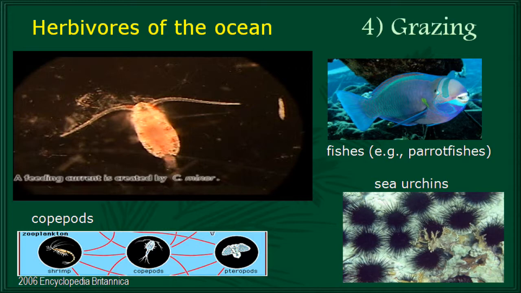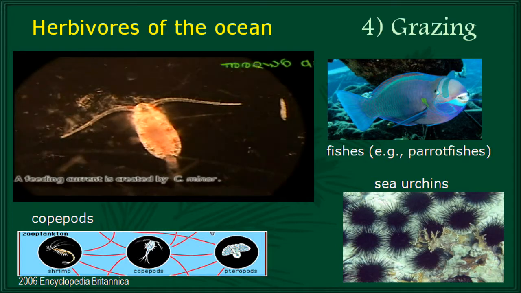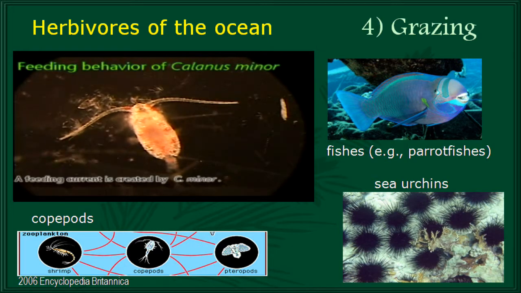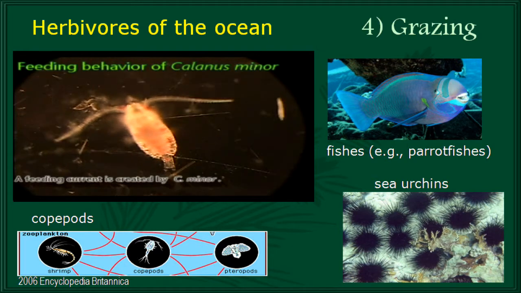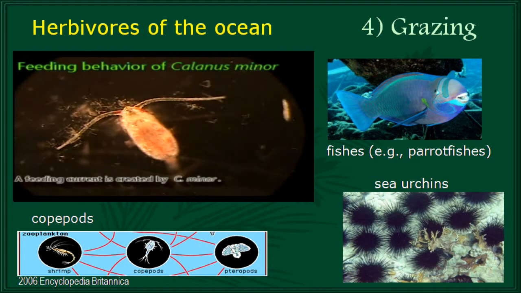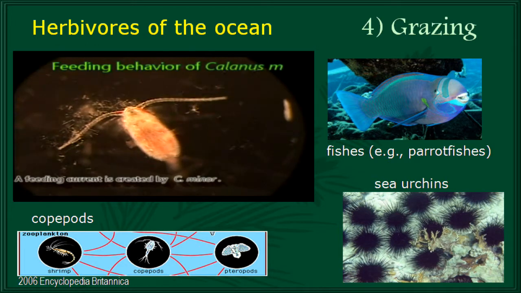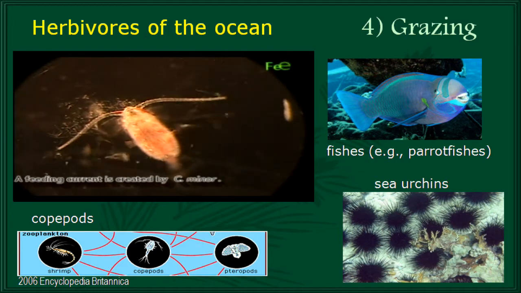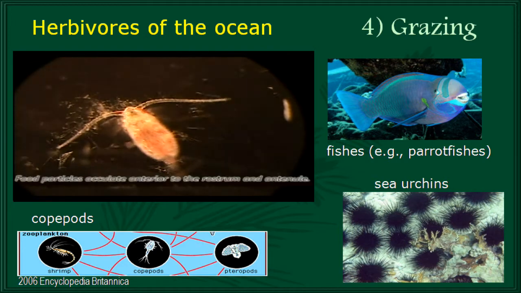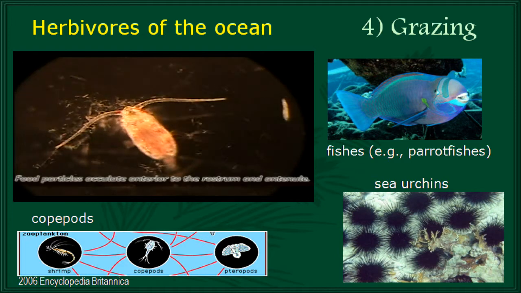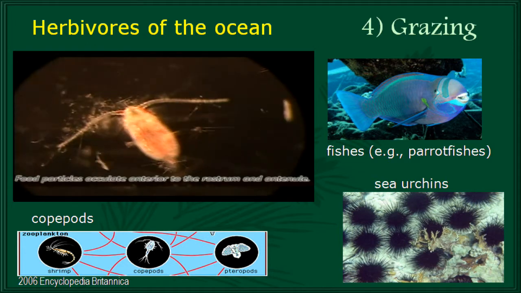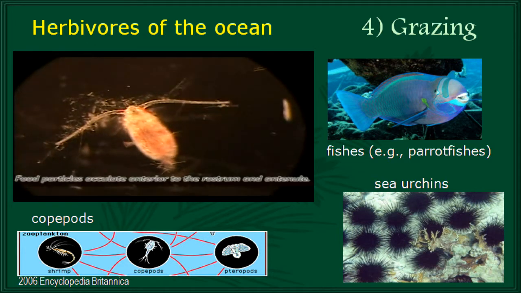And in this video, you'll actually see that this copepod is creating a feeding current by beating its legs. And that helps to stream water through its legs and mouth parts, which it then uses to filter out its food from the water column.